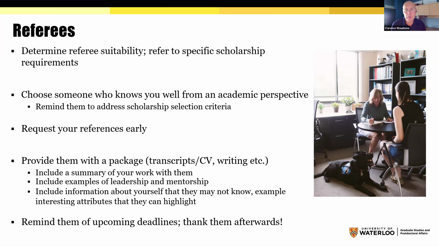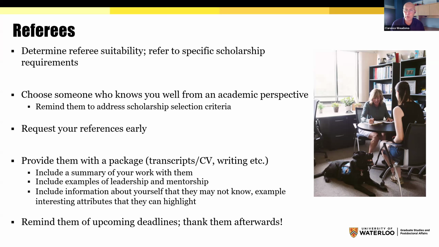Obviously, you want to choose somebody that knows your academic strengths well, right? This is a scholarship application in academia. So your supervisor is often an obvious choice, and they may know you and the work that you're doing very, very well. What about that other referee that you may choose?